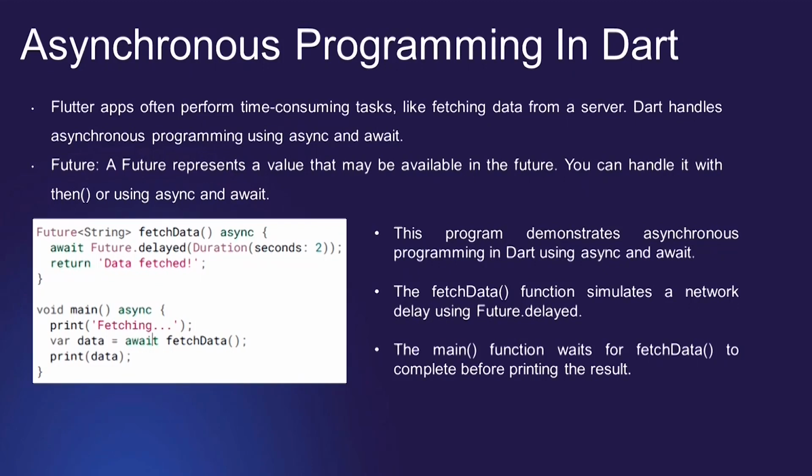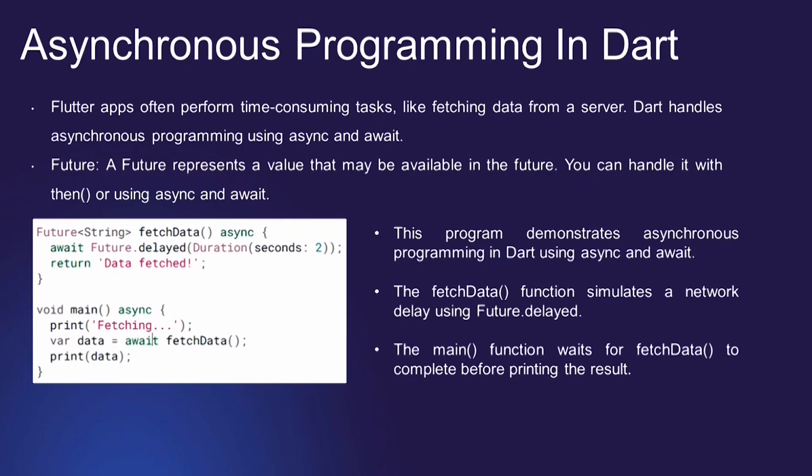So, when I execute this task, in the first line it displays fetching, then after a delay of 2 seconds, it completes executing fetchData and returns data fetched, which is displayed by the print method.